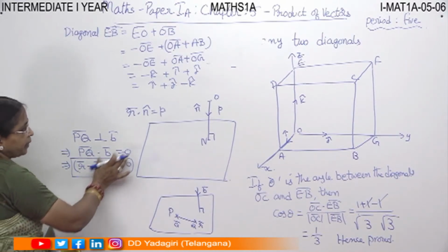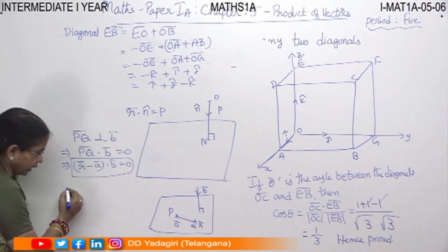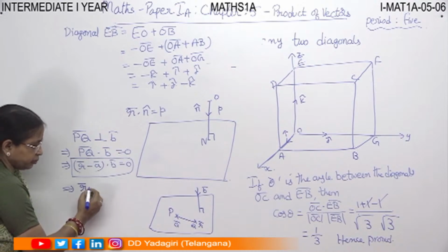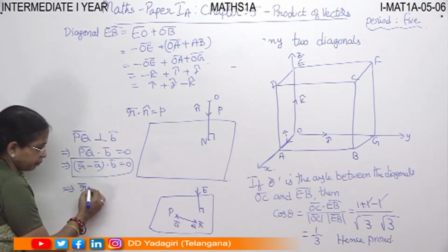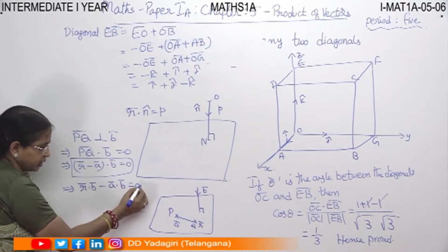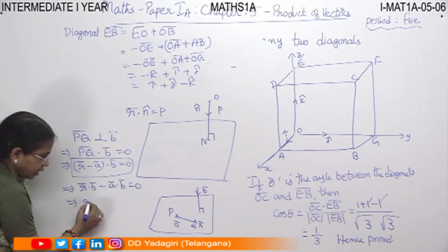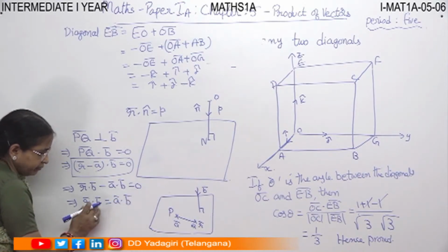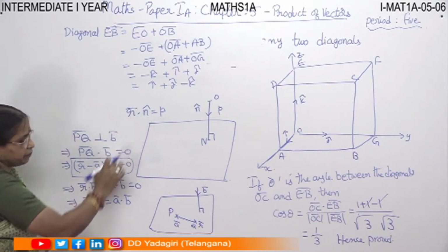Now, when you compare these two equations, you get like this. When you expand, because the dot product is distributive, you can write r dot B minus a dot B is equal to 0. So that means r dot B is equal to a dot B. But when this is a unit vector, you can compare these two.